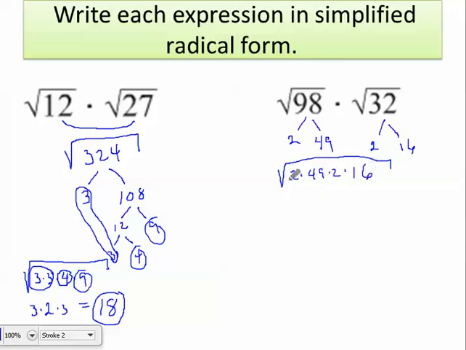Well, since there's two 2's here, a 2 will come out, a 7 will come out, and a 4 will come out. And we're multiplying those together. 2 times 7 is 14. 14 times 4 is 56. And that would be my answer.